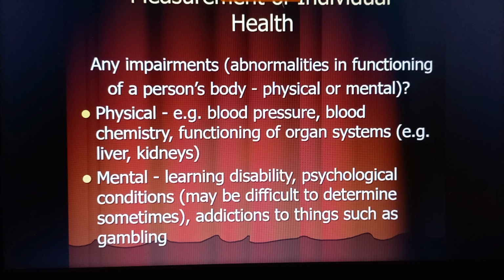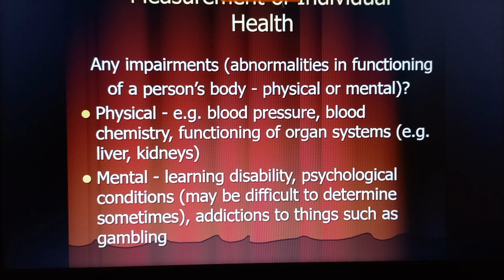Or aspects of blood chemistry, are they within what is generally regarded as a normal range? How are our various organ systems functioning? Example, is our liver functioning normally, right? Or are our kidneys functioning normally?